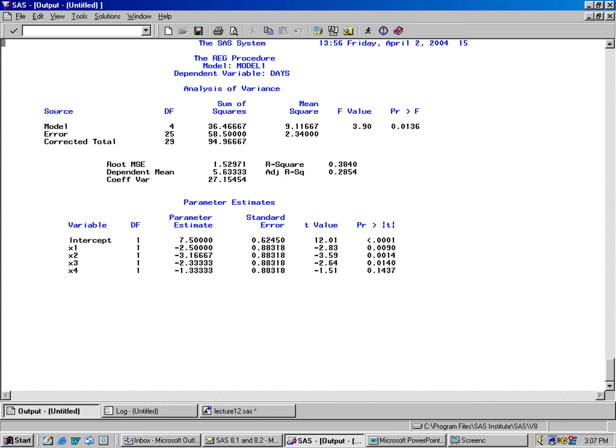Using this prediction equation, we could look at the estimates, the predicted values, which are essentially the means of these different groups. Write out that prediction equation: y hat equals 7.5 minus 2.5 times x1 minus 3.16 times x2, and so on.